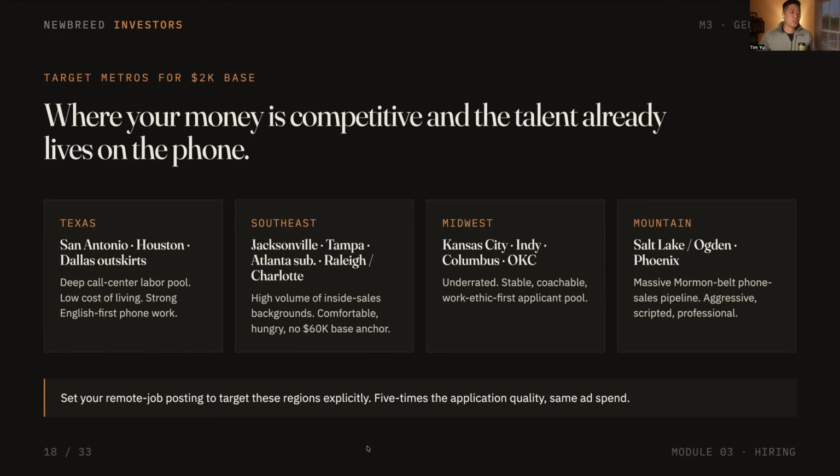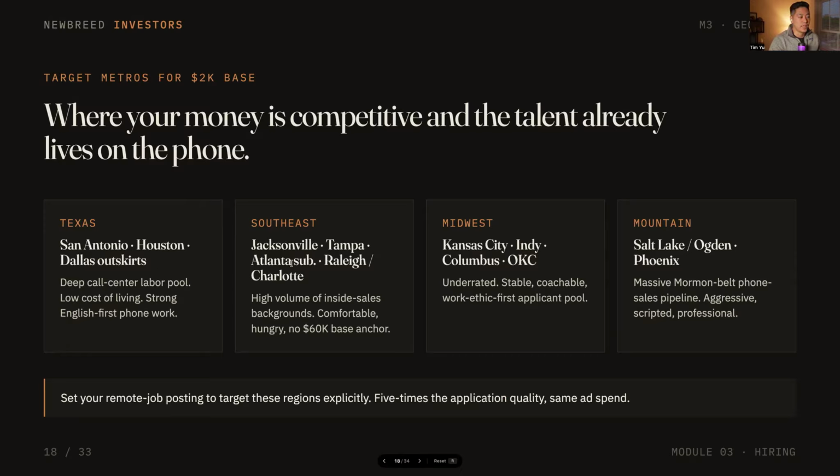So let's talk a little bit more about secondary, third markets in your area. Target metros for 2K base. This is where your money is competitive and the talent already lives on the phone. San Antonio, Houston, Dallas outskirts: deep call center labor, low cost of living, strong English-first phone work. Okay, these are some examples.